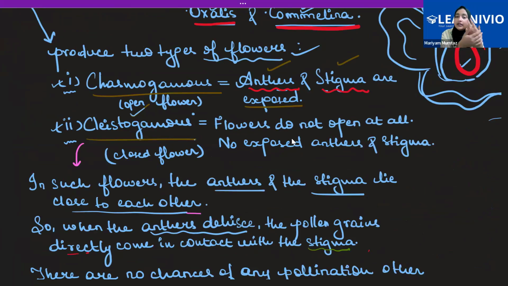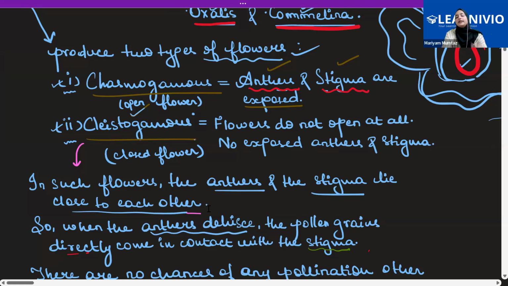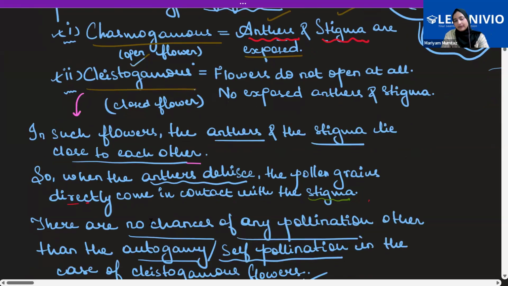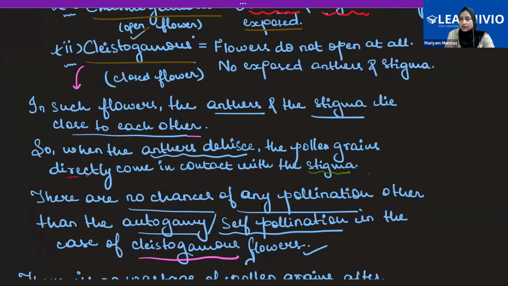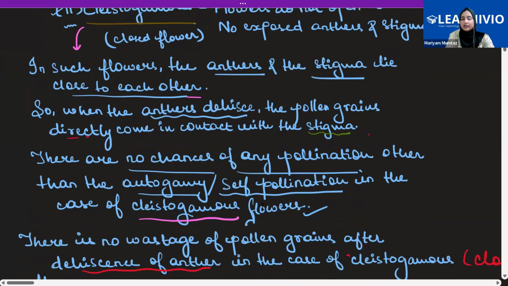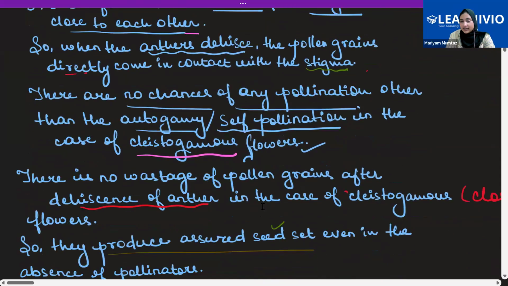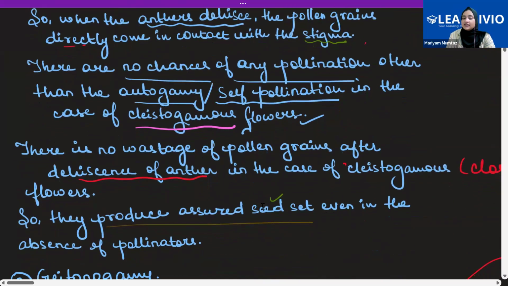Whenever the anther dehisces, meaning the anther bursts, the pollen grains come directly in contact with the stigma. In the flowers that are closed, no other kind of pollination can take place other than self-pollination. But what is the advantage? The advantage is that no pollen grains are wasted.